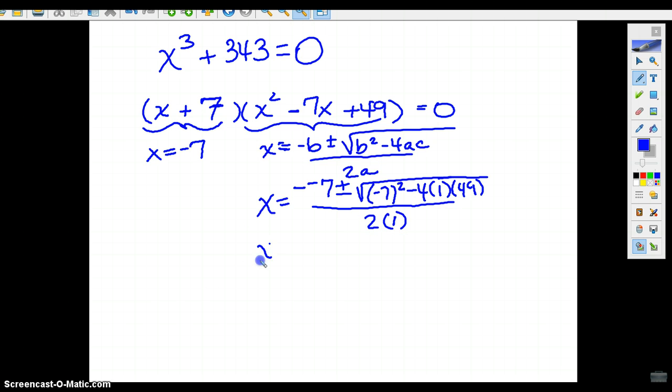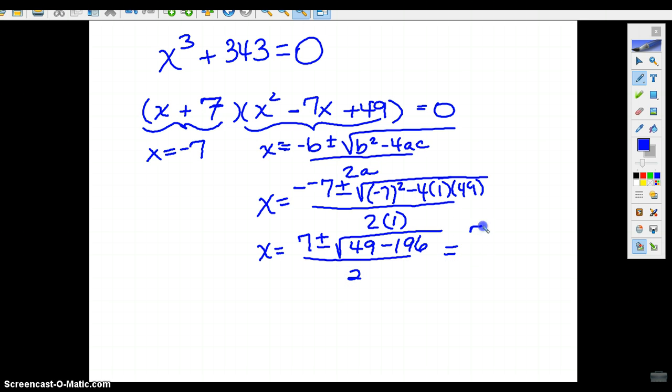So now we need to do some math. X equals a negative and a negative make a positive, plus or minus the square root. Negative 7 squared is 49. And then 49 times 4 is 196. Negative 196 all over 2.